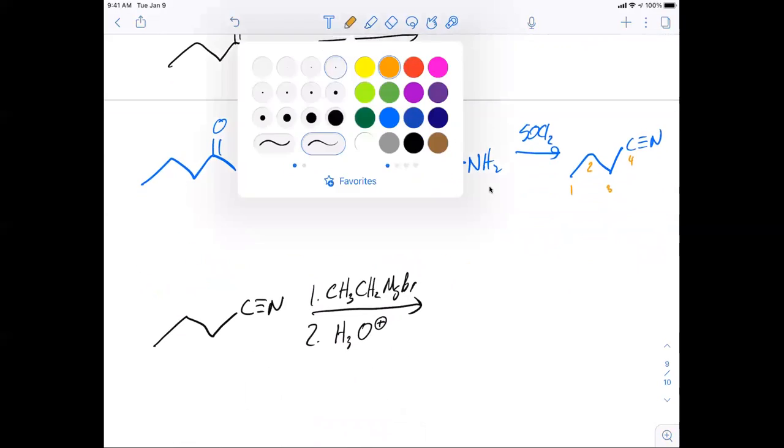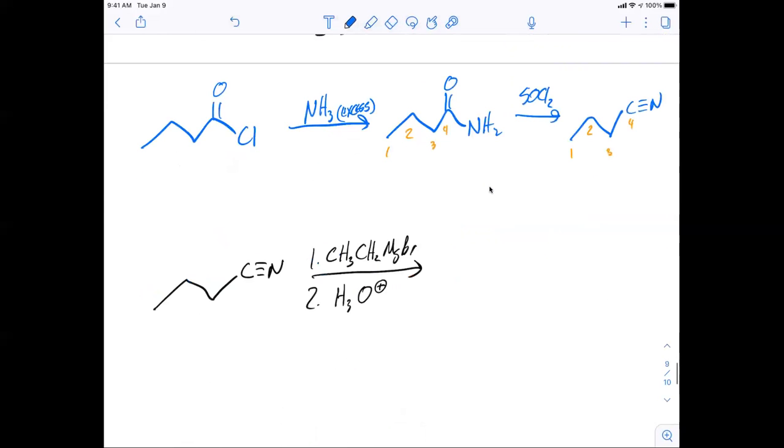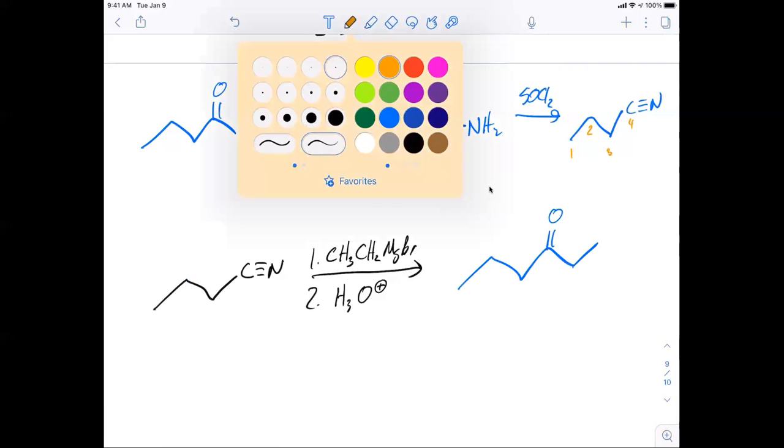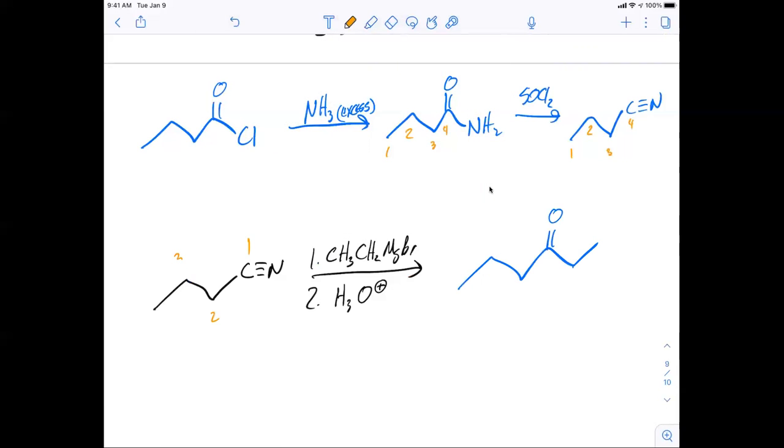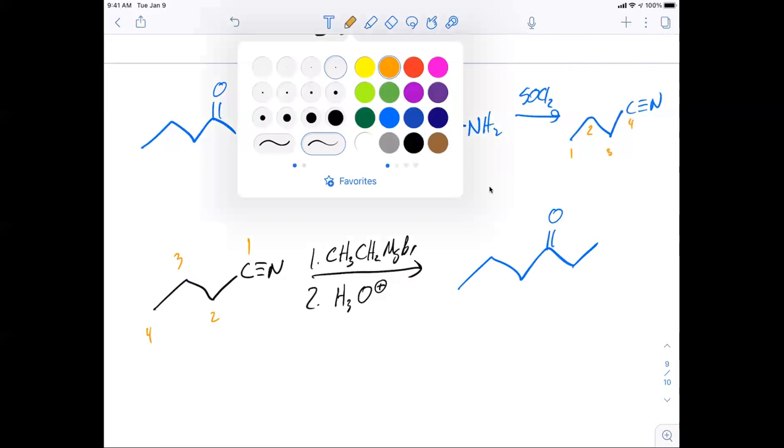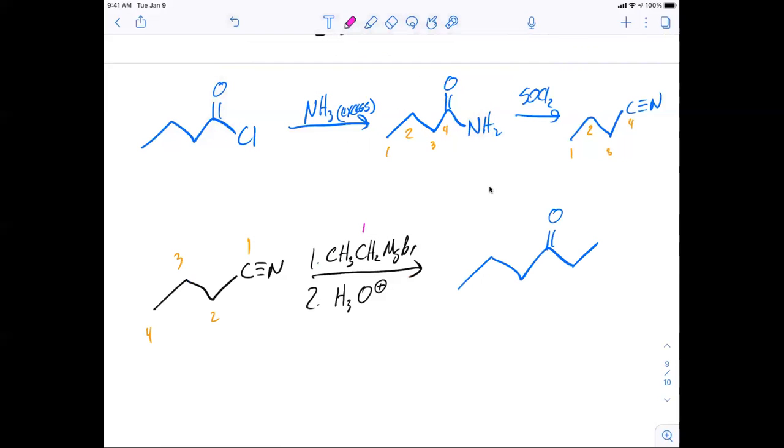And then the last one. This is a paired set. I need to think about what's attached to that Grignard. So it's 2 carbons. So if I look here, I had 1, 2, 3, 4. On this side, I had 1, or I could say 5, 6, right?